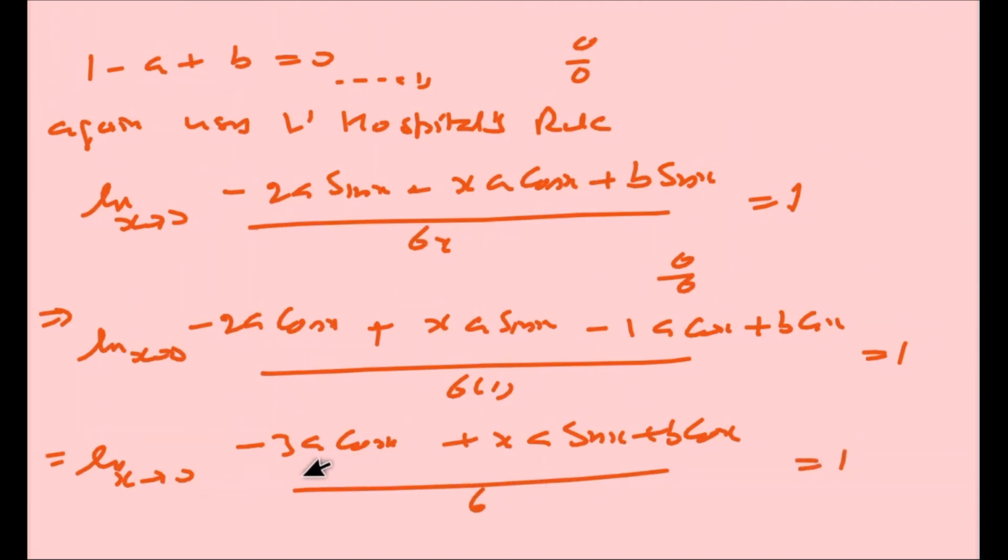Now if we put cos 0 is 1 and sin 0 is 0, we get (minus 3a plus b) upon 6 equal to 1. So we get the equation minus 3a plus b equal to 6, the second equation. Now we can solve for a and b from the first and second equations. The first equation was 1 plus a minus b equal to 0.